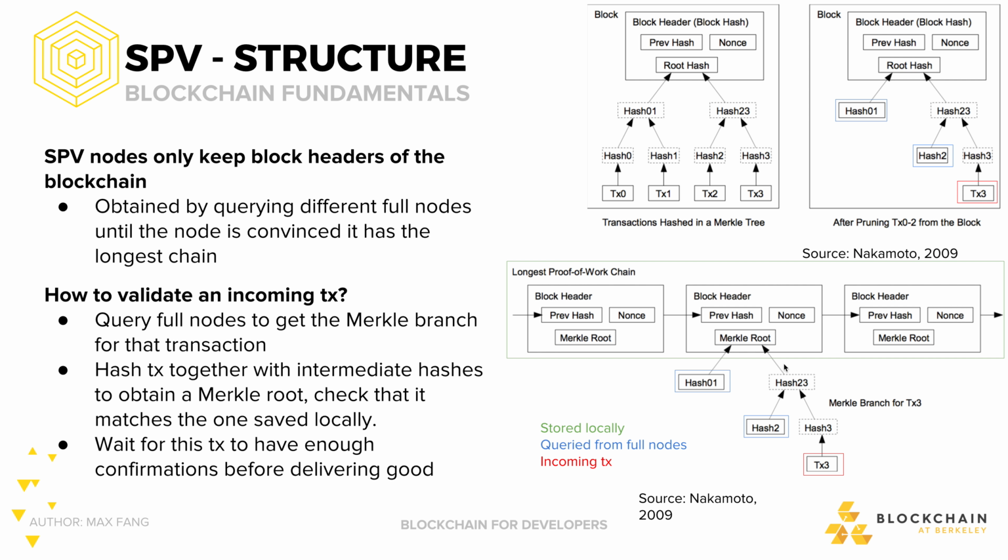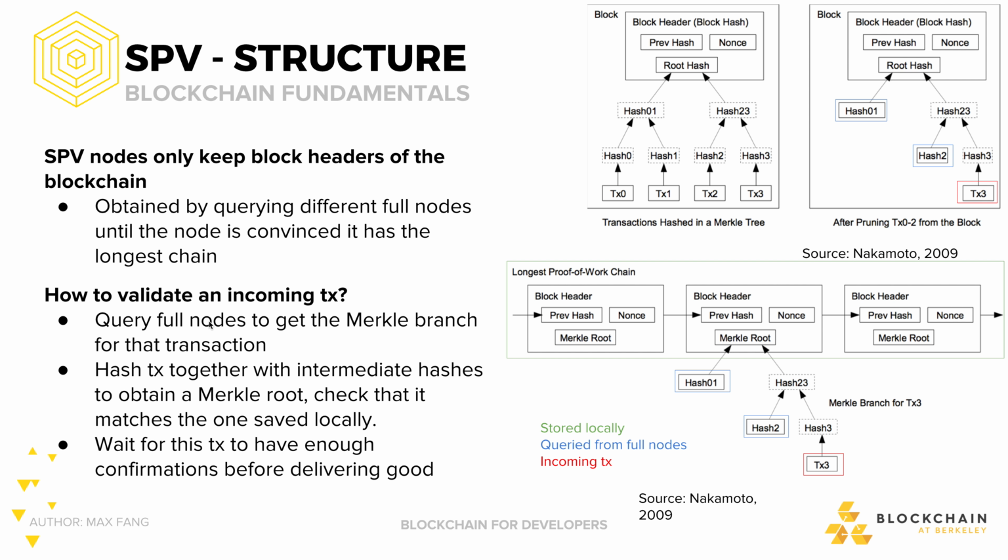By having all the headers and not all the transaction data and all the other data, I can just go to full nodes on the network and say, look, I have all the headers, and all this proof of work has been done before. You can confirm it if you want to by confirming that the nonce hashes with the rest of the transactions, and that I'm a legit person trying to make payments, right?